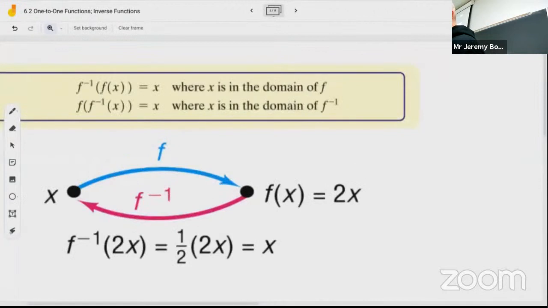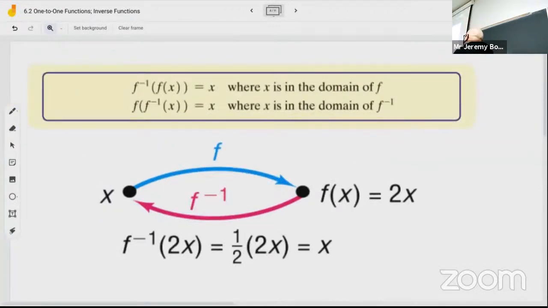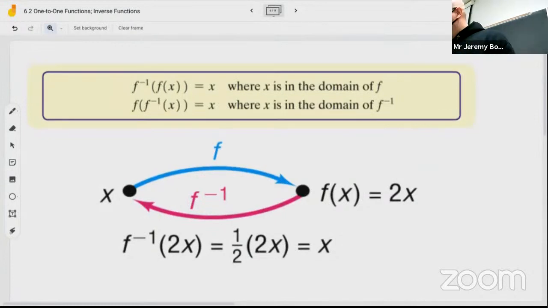Now, I did say that we were going to tie it back to the composite functions. This is where it ties back. If you do f inverse composed with f of x, f inverse of f of x is just going to equal x.